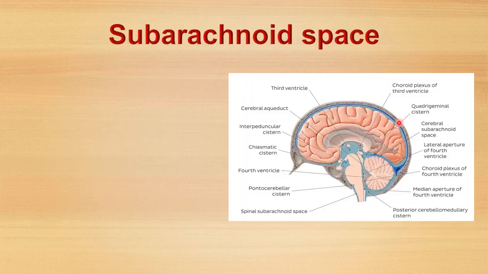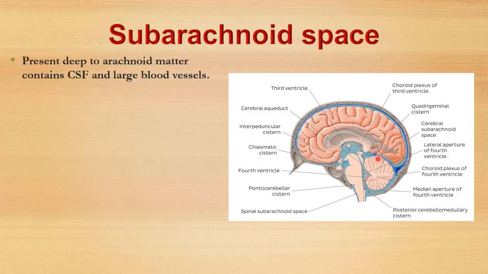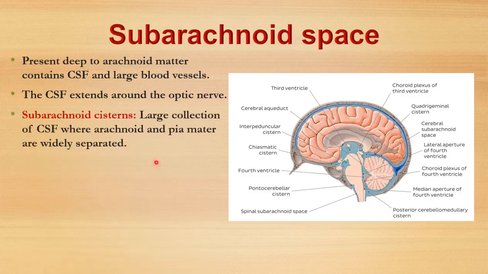So the subarachnoid space deep to the arachnoid mater mainly consists of CSF, and the blood vessels are traversing through it. At certain places, the CSF extends around the optic nerve, as I told you. You are able to see some large collections of CSF between the arachnoid and pia mater.